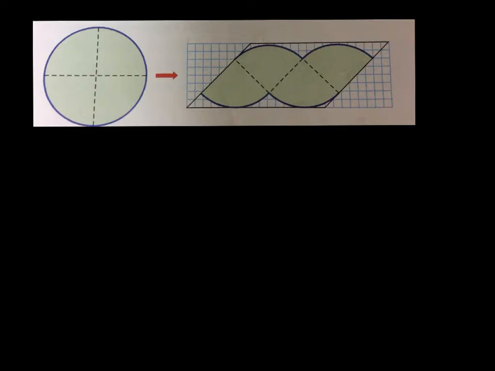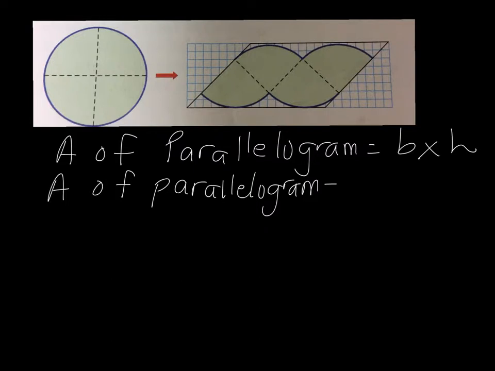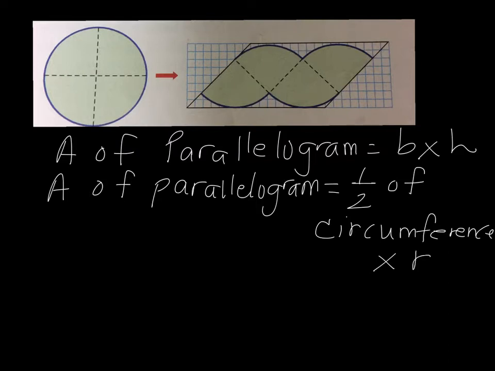Okay, so a couple things to recap. Area of a parallelogram is base times height. Area of a parallelogram is also equal to half of the circumference of a circle times the radius, right?